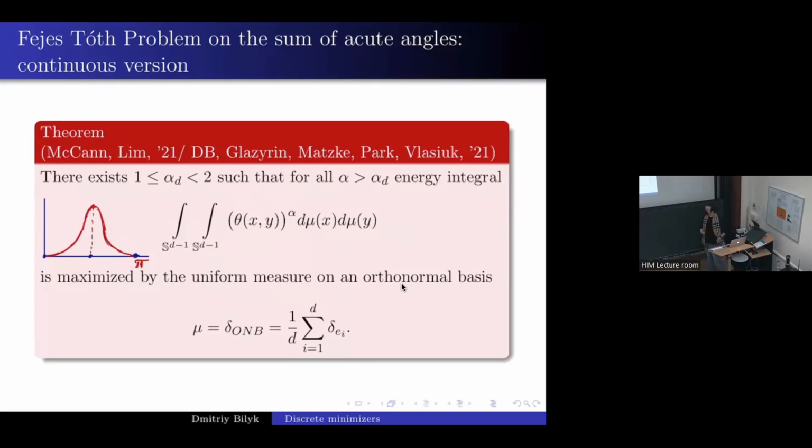So we emailed them with this easy proof that it's not just for alpha large enough, but for alpha greater than or equal to 2. But then they also showed that at the phase transition, this cannot be the unique maximizer. Which tells you that 2 cannot be the phase transition, because for 2 we know that the unique maximizer is the orthonormal basis. So the phase transition has to be below 2, and the conjecture is that it's actually 1.